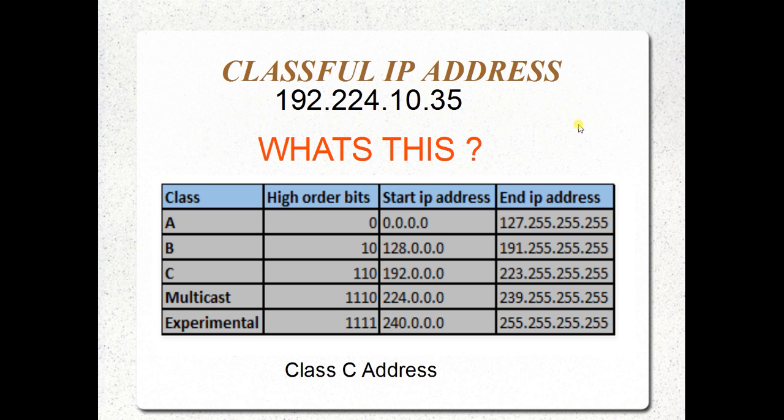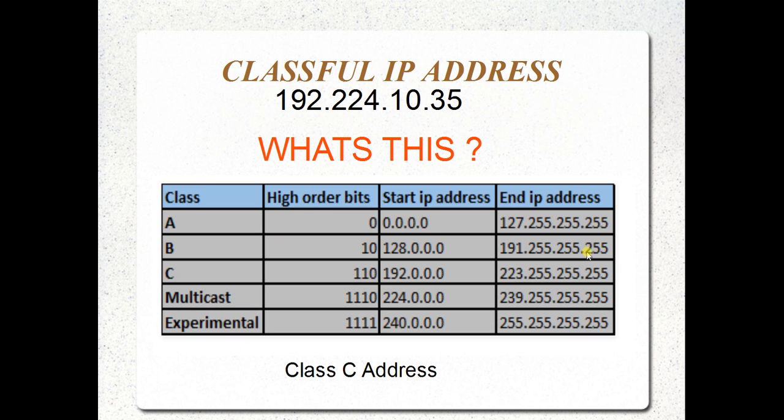So what is this? Let's go down here and look. 192 to 223 dot blah blah blah is a class C address.